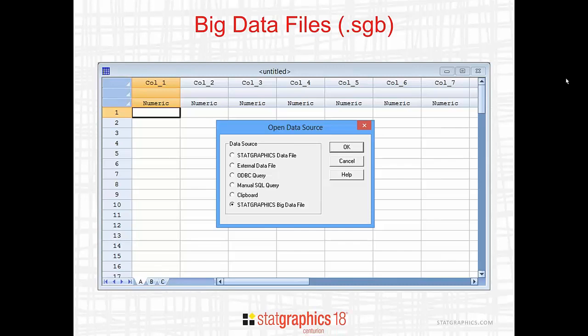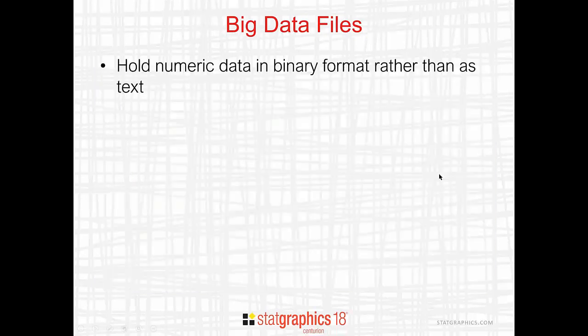The primary difference between the smaller Statgraphics data files, SGD files, and the big data files is that the big data files hold numeric data in binary format rather than as text. Standard Statgraphics data files are XML type files that you could actually edit in any text editor.